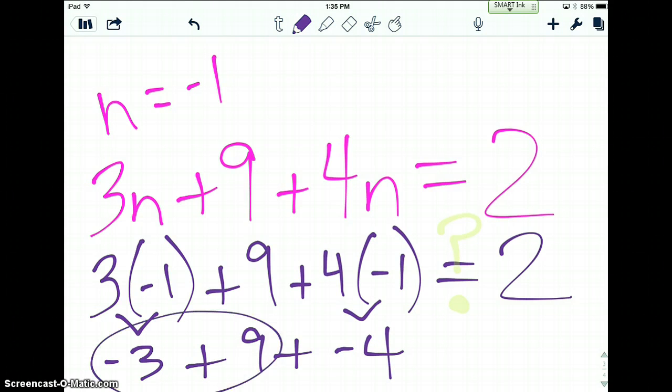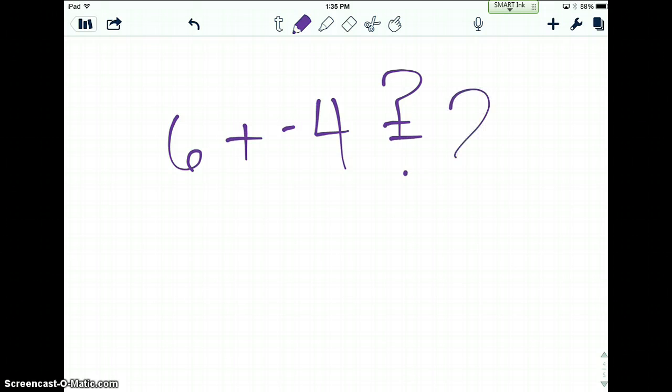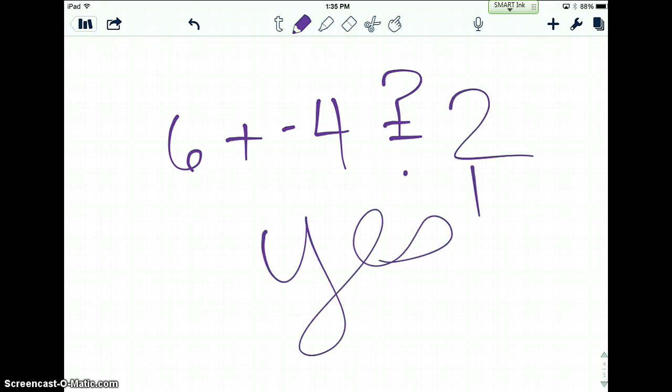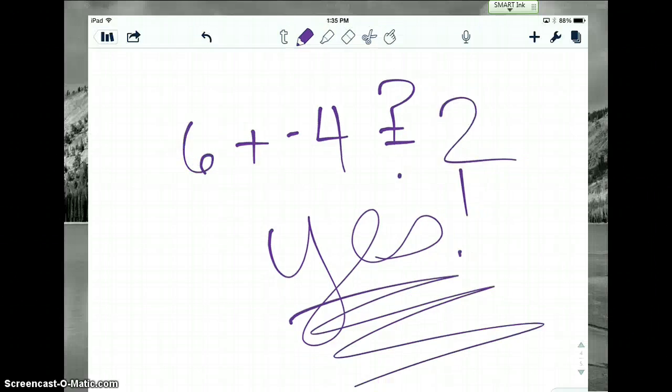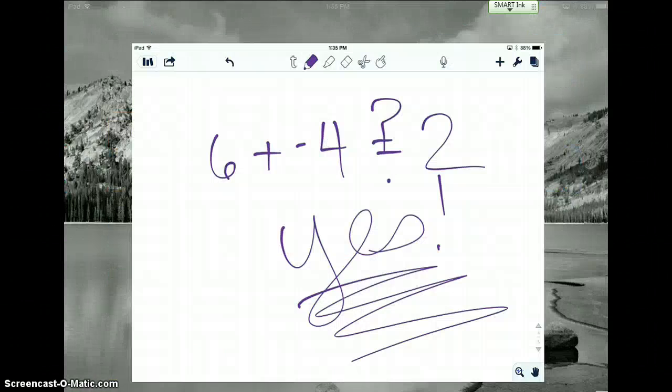And then if I add these together, what am I at? I'm at 6. And I have to take 6 plus negative 4. Is that equal to 2? Yes, sir, it is! And that's when you are like, yeah, I did it!